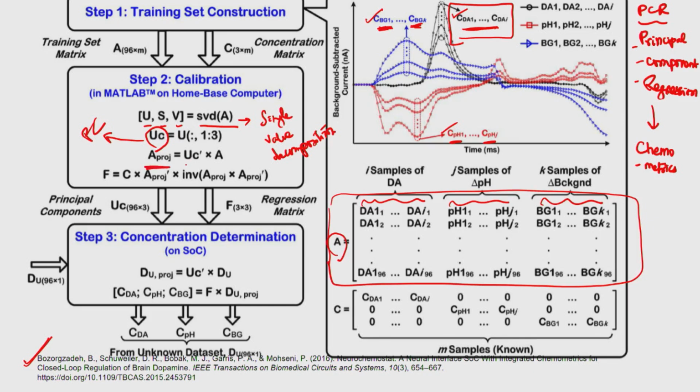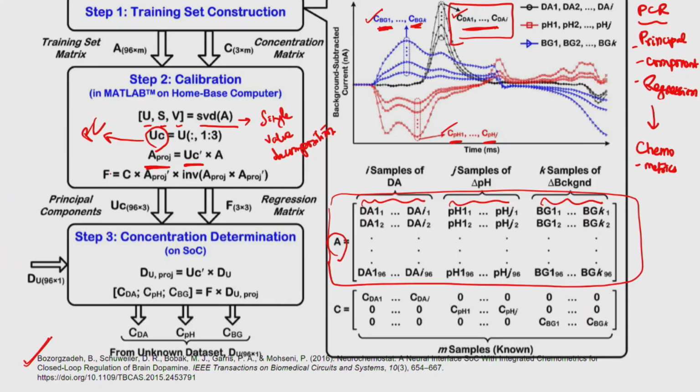If you have a signal coming in mixed with background and you generate a projection only for dopamine, then you can see how similar this only-dopamine projection is with respect to the mixed signal. Then you can find out the contribution of dopamine in the mixed signal. Okay, that is the approach that they are using.